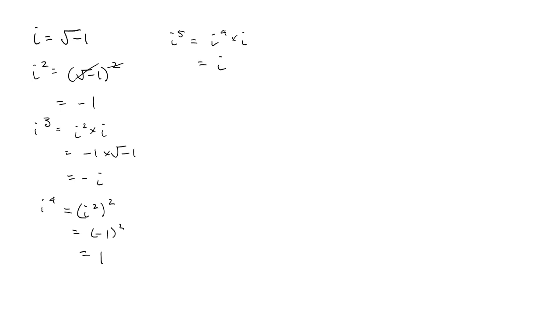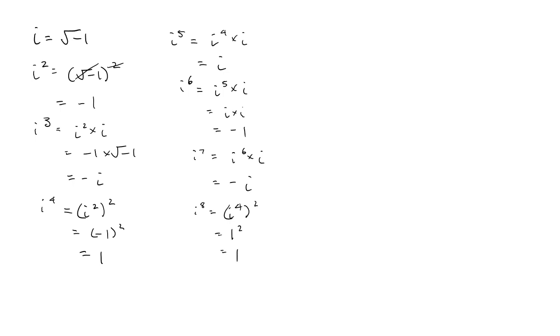So that will be i. i to the 6th is i to the power of 5 times i, which is i times i, -1. i to the 7th is i to the 6th times i, -i. And i to the 8th is i to the 4 squared. So that's 1 squared equals 1.